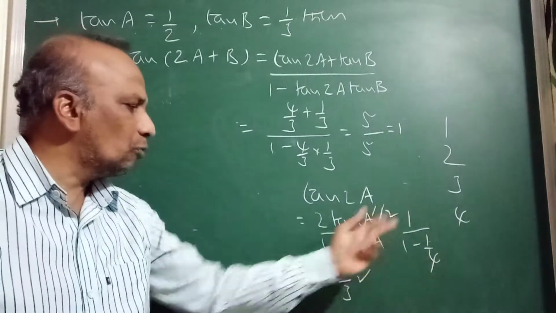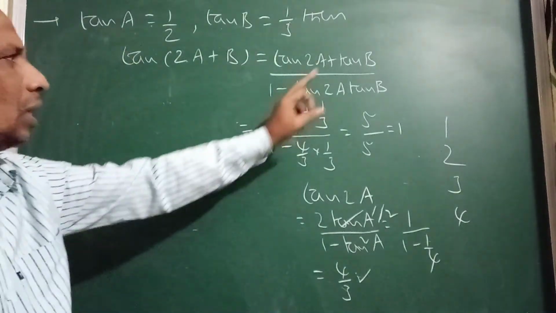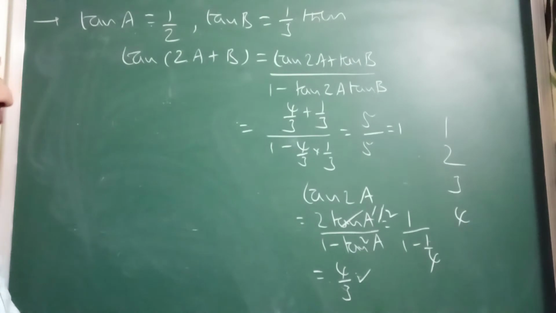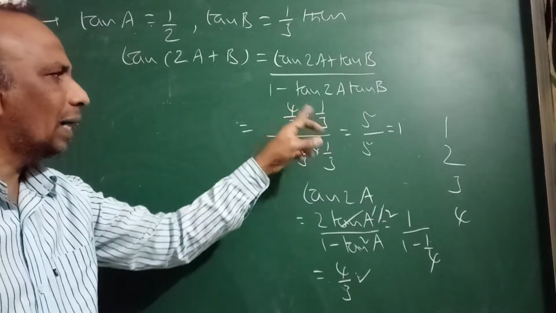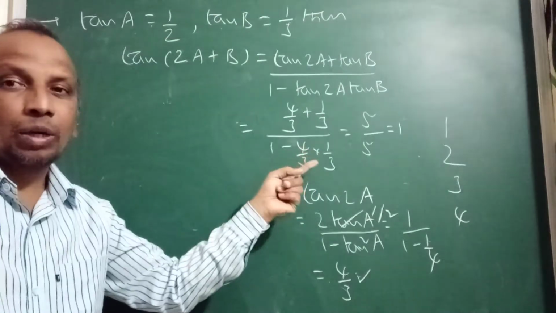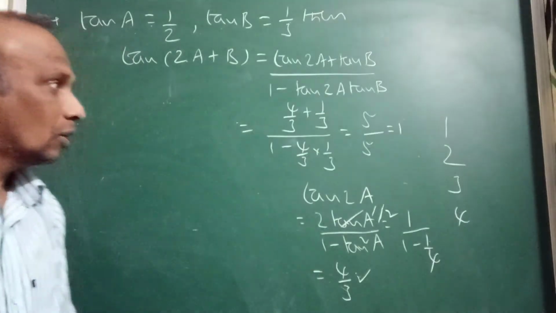You will get this one, 4 by 3. Now you can substitute the value, 4 by 3 plus 1 by 3 by 1 minus 4 by 3 into 1 by 3. So you can add this one, 4 plus 1, 5 by 3.